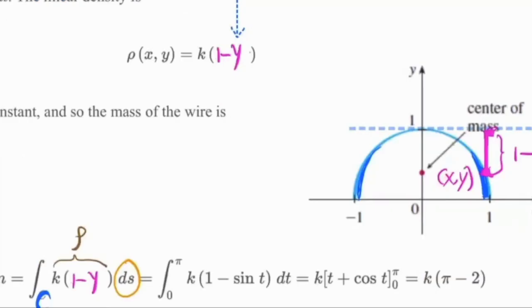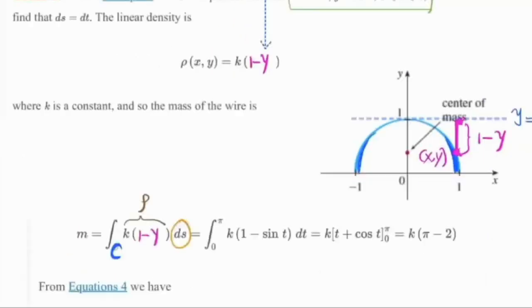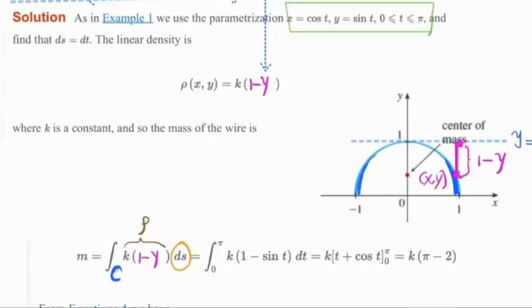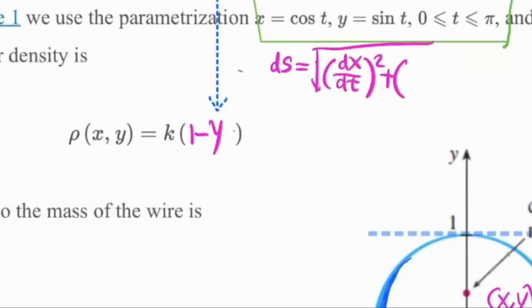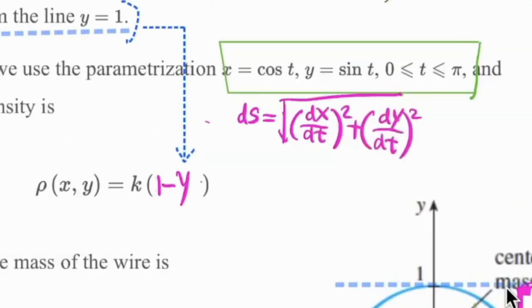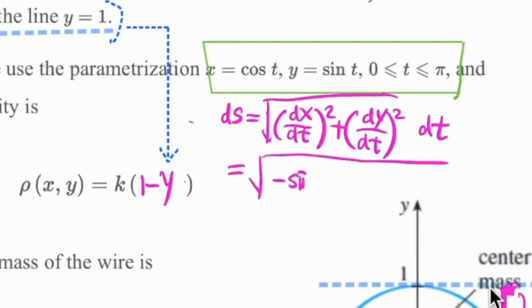Now from this, what does ds equal? They say it's equal to dt, but let's do the calculation. ds is the square root of (dx/dt) squared plus (dy/dt) squared, dt. What's dx/dt here? Negative sine t, so negative sine t squared plus cosine t squared, dt.